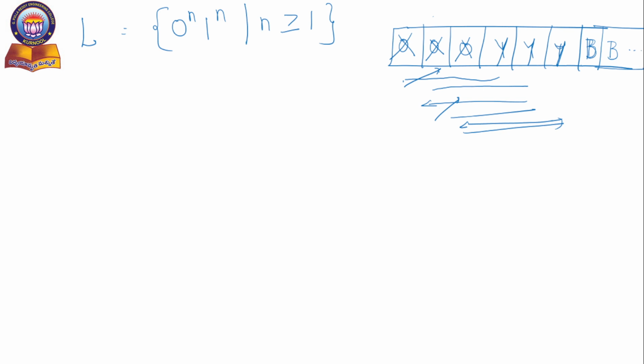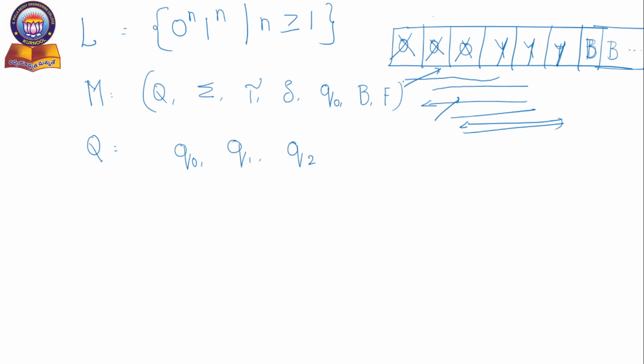So now let us write the transitions for that. M is equal to Q, sigma, tau, delta, Q naught, B, F. Here Q is equal to, for these transitions we need 5 states according to our logic. So I am naming them Q0, Q1, Q2, Q3, Q4. I will explain why these 5 states and what is the role of each state.